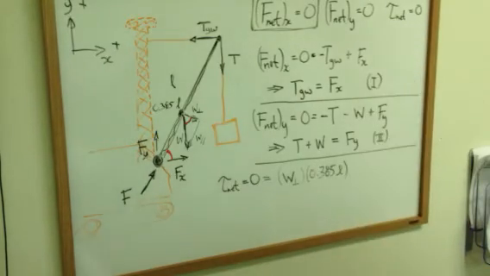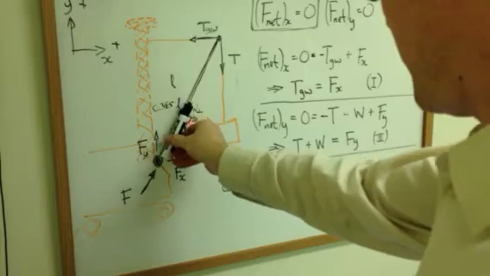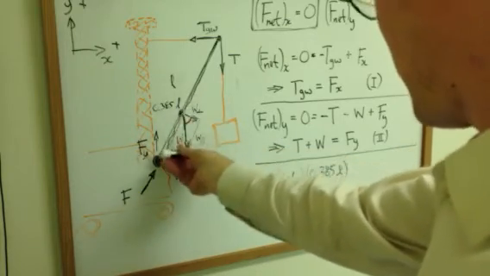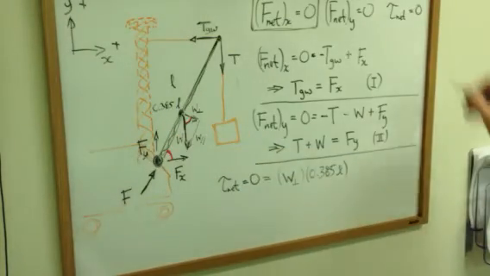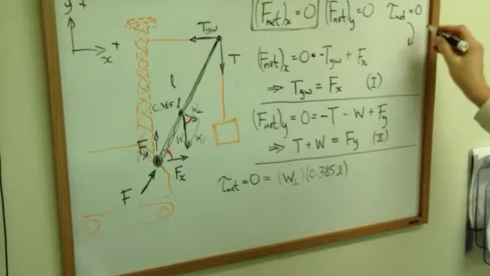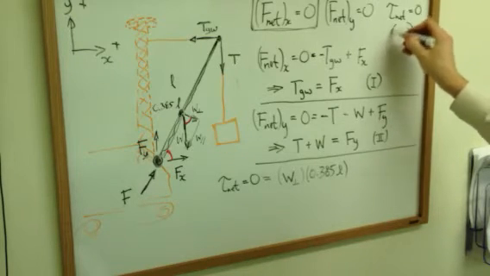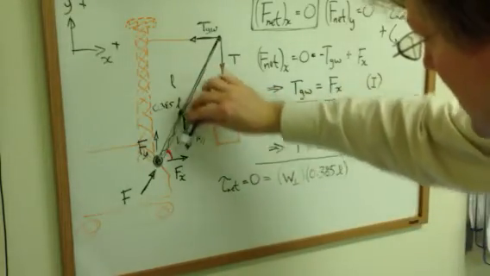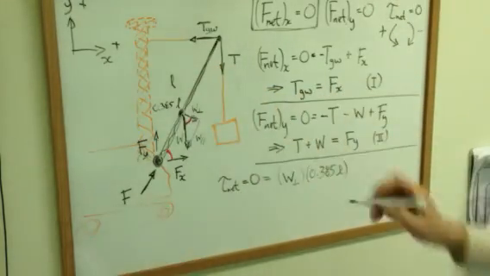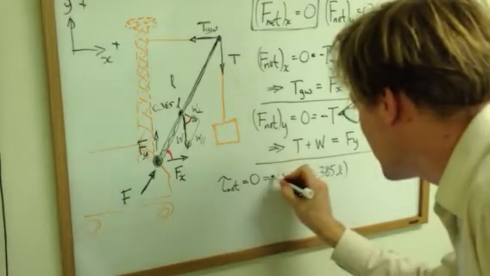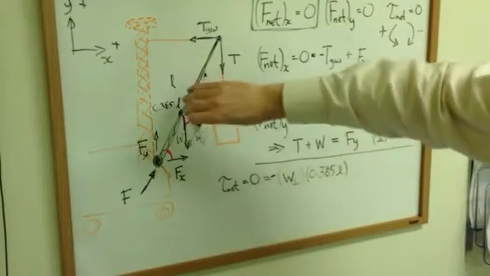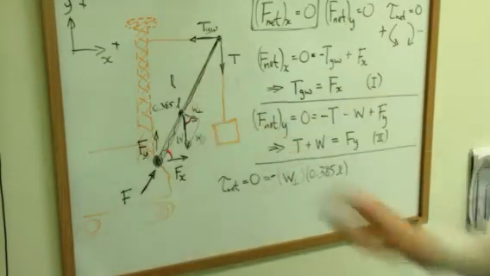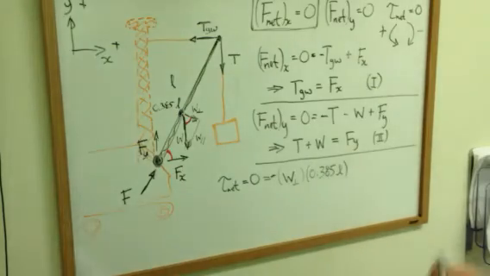Let's just be double careful. This is going to pull it this way. That is clockwise, and that is negative. So this direction is negative. This direction is positive. So this is going to be a negative sign there. It's pulling clockwise, and clockwise is negative.